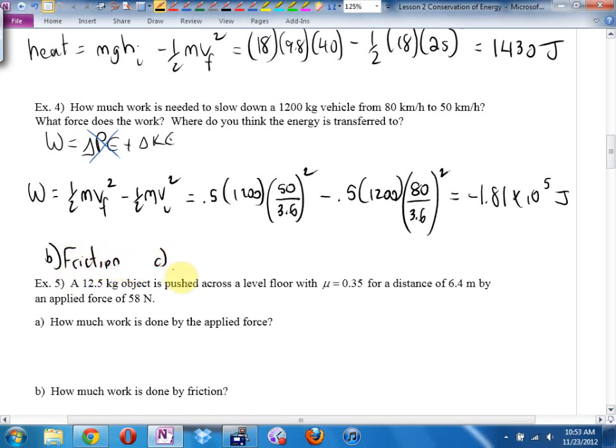Where do you think the energy is transferred to? Kinetic energy's got to go somewhere. Where does it go? Jaron. Lots of heat. How much heat, Tyler? Enough that big trucks on long hills have an issue, right?